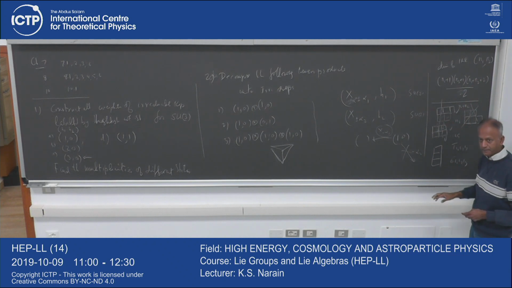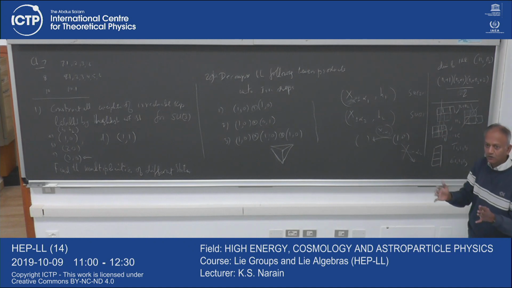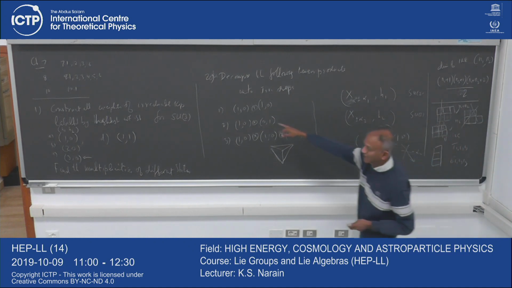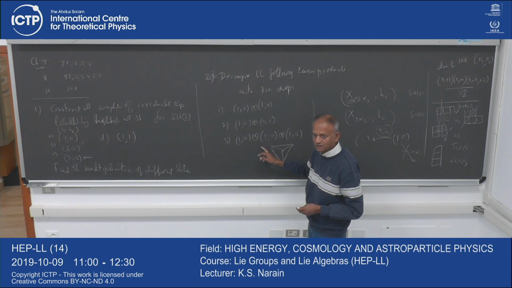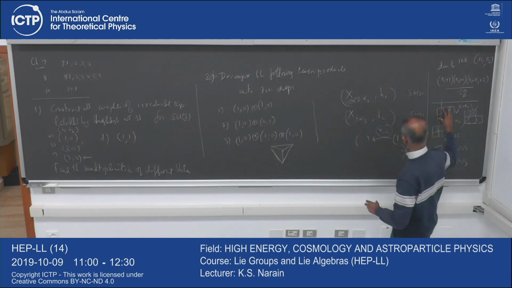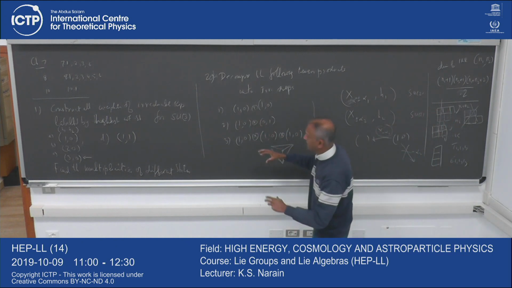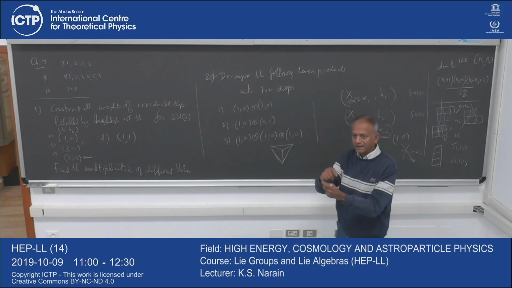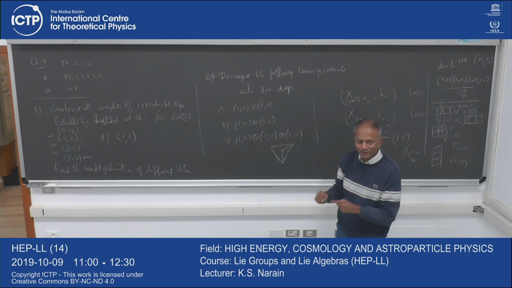Young tableau is very useful to construct these decompositions. You take different Young tableaus for each representation and start combining them, and there are recipes for how to distribute the boxes.